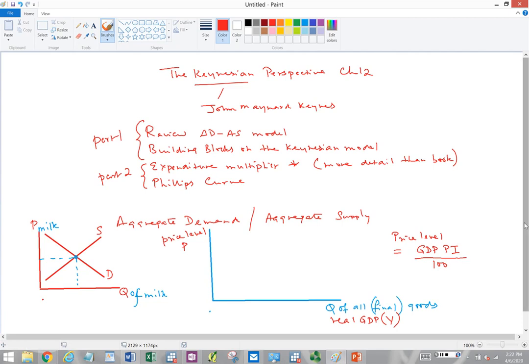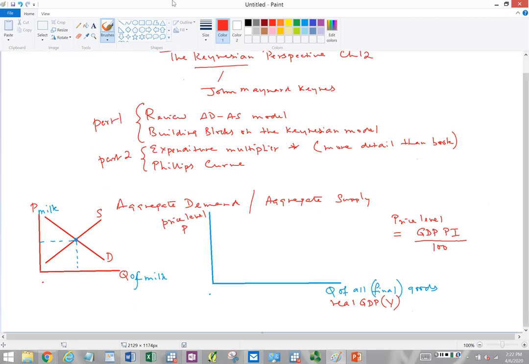Now, in this diagram, I'm going to draw a demand curve and a supply curve, right? So the demand curve is like this, and the supply curve, at least in the short run, is positively sloped. Now, strictly speaking, it isn't a straight line. The supply curve is typically drawn as a curve, and what sort of curve is it?